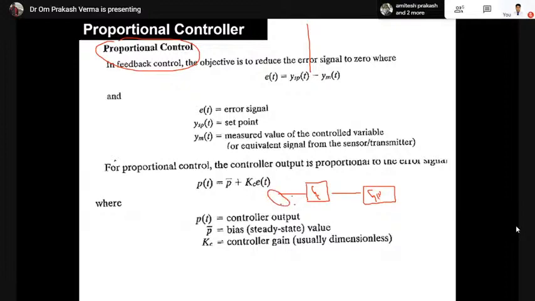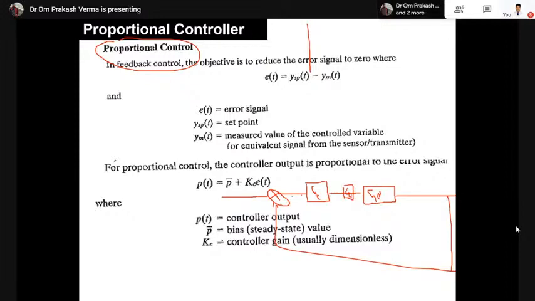This is the comparator, and from this comparator some feedback is connected. One valve is there also, but we have not mentioned it here. Let's say this is a valve G_B, the control valve, the final control element, right?